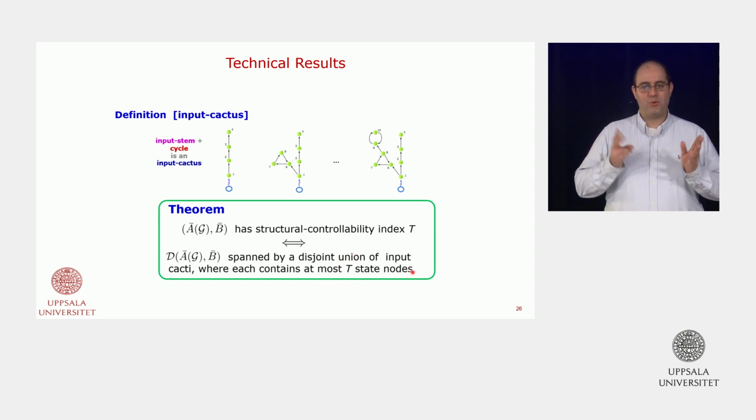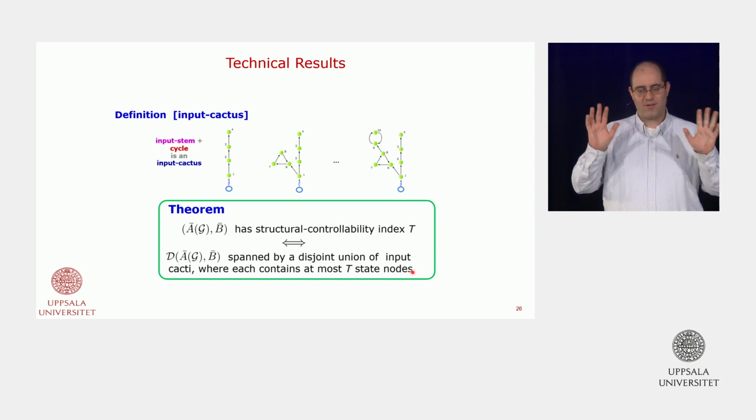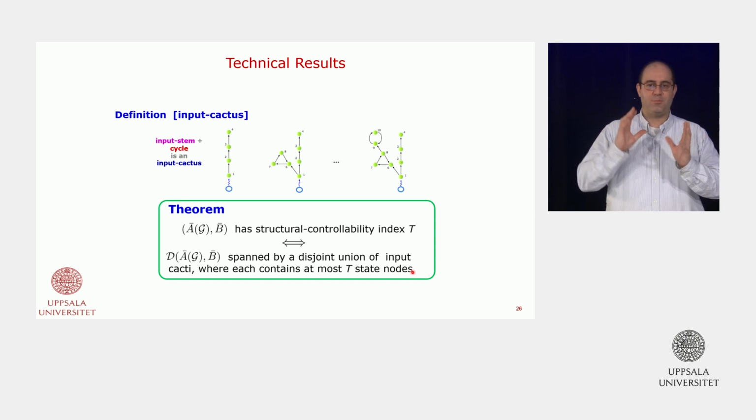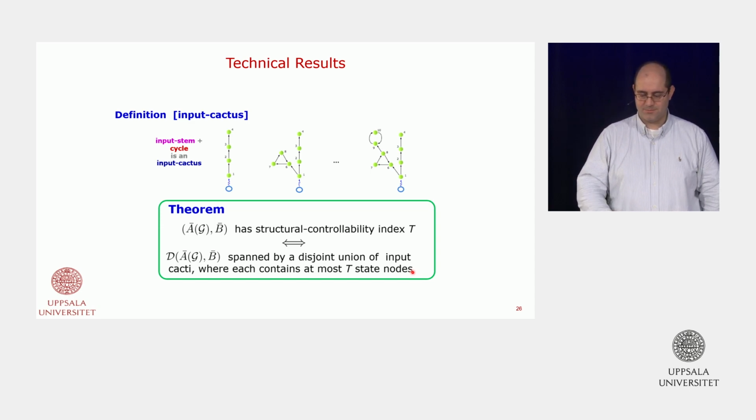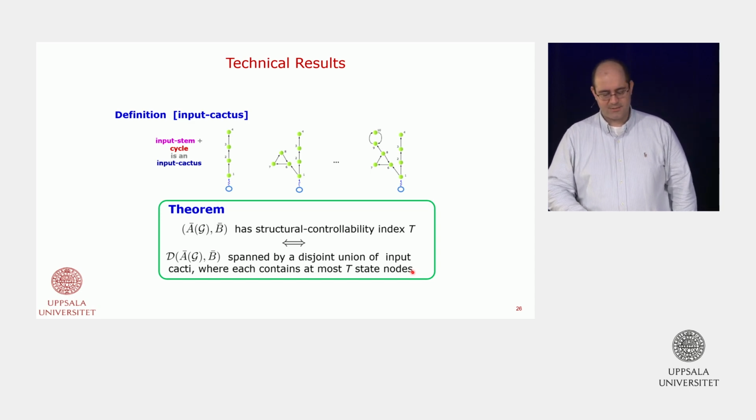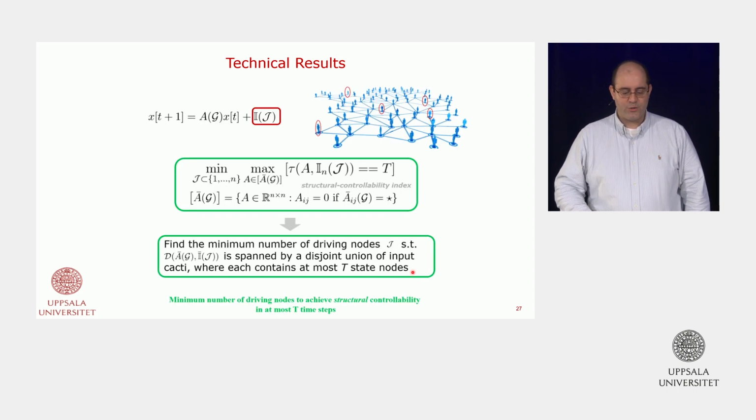So I'm going now to clip this graph to get these different input cacti, but now I have a constraint. I cannot clip arbitrary input cacti. I need to have input cacti that have at most capital T state nodes. And that's interesting, because then we can boil down or reduce the problem of the minimum number of driven nodes, such that the maximum possible achievable within the matrices within this equivalence class is such that this goal is achieved, to a much easier to interpret, at least, problem statement, that is as follows.